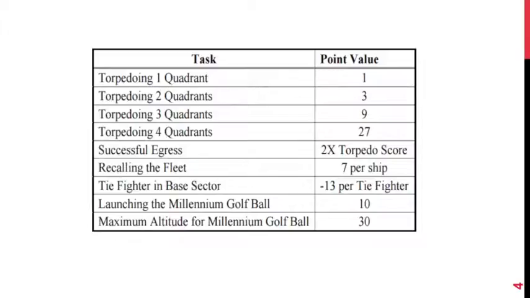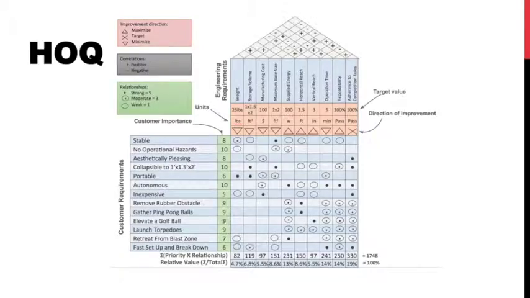To further understand the task at hand, we have a house of quality. The house of quality is great for a couple reasons. First and foremost, it allows us to see what the customer requirements are. In this case, those are the tasks at hand that our device must complete to be successful. And it also shows the engineering requirements which we as a team need to consider and keep in mind while designing our preliminary and final design in order to ensure that we meet the customer requirements and our device is then successful.